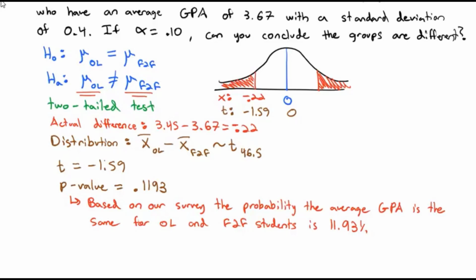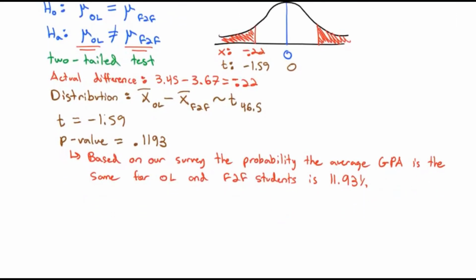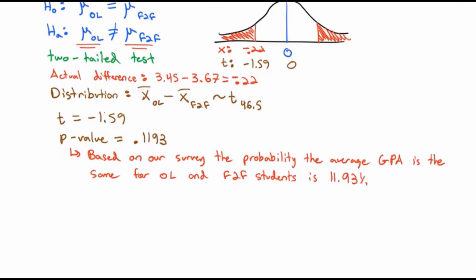And we compare that p-value to the alpha, which is the smallest probability where we would still believe the null hypothesis is true. We have a greater probability, so our decision, because the p-value is bigger than alpha, is that we fail to reject.